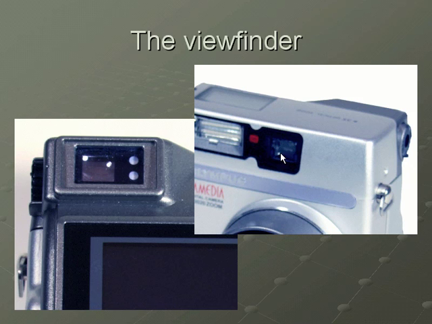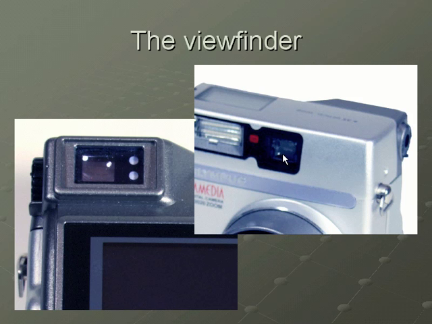Also, the other problem with using the optical viewfinder is that you cannot preview depth of field, so you don't know whether things that are extremely close to you or very far away are or are not in focus. And as we'll get into later on, there are reasons you will want to know that.